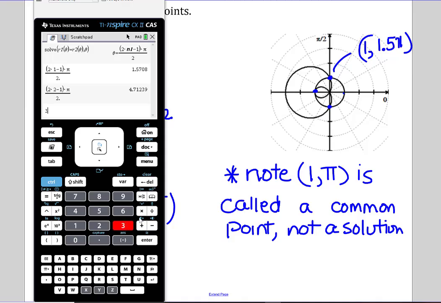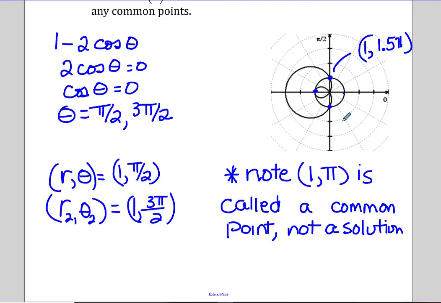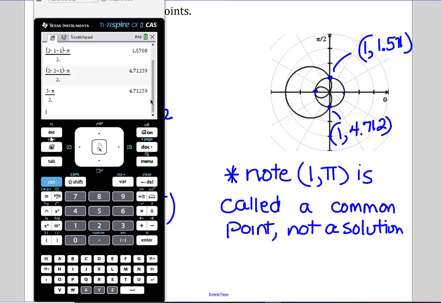So 3 pi divided by 2 is going to be 4.712. So this one would be 1 and 4.712.